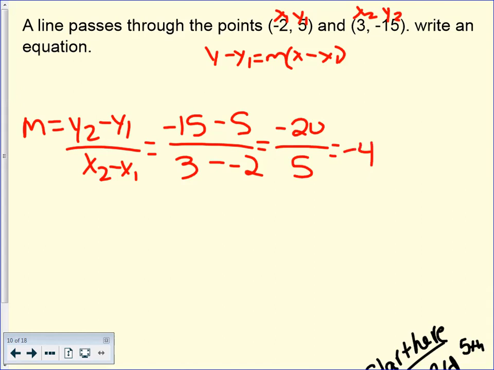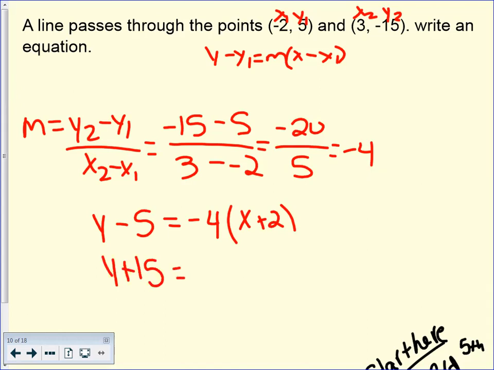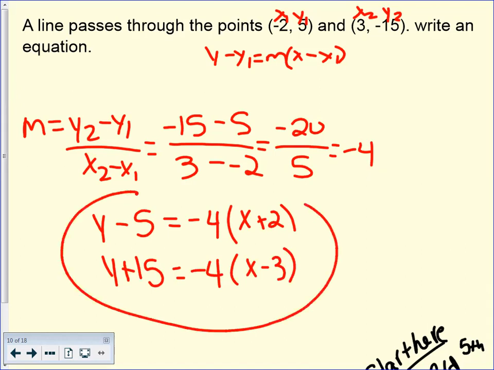So that right there is my slope. I can write my equation using either coordinate. I'll use the one that I labeled as x1, y1. So I have y minus 5 equals -4 times (x plus 2). You could have also done y plus 15 equals -4 times (x minus 3) as a second answer. Either one of those would be counted as correct.